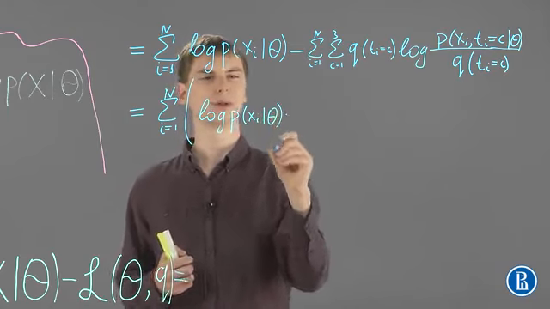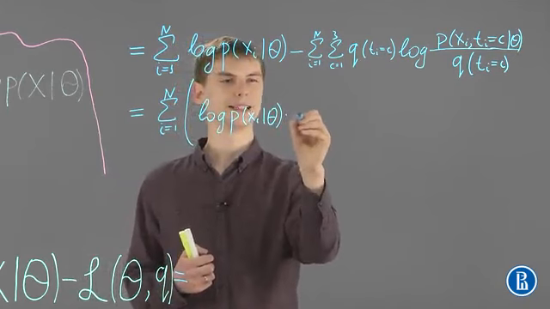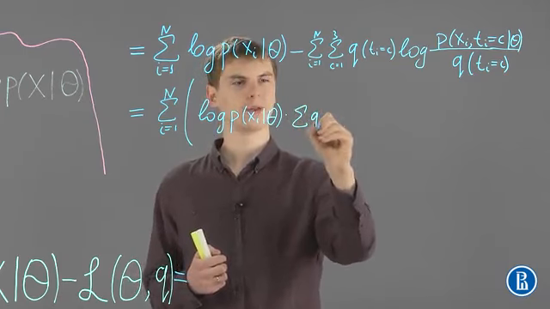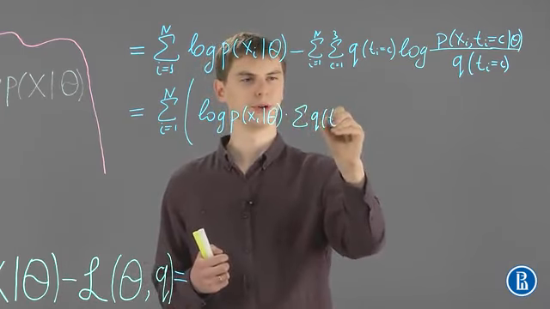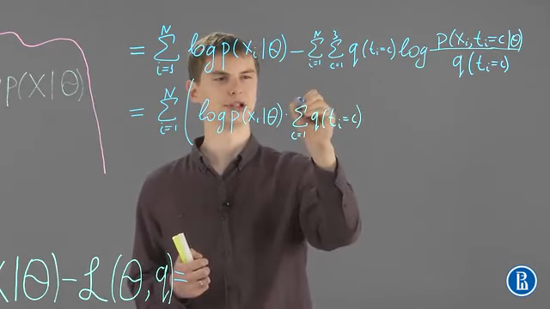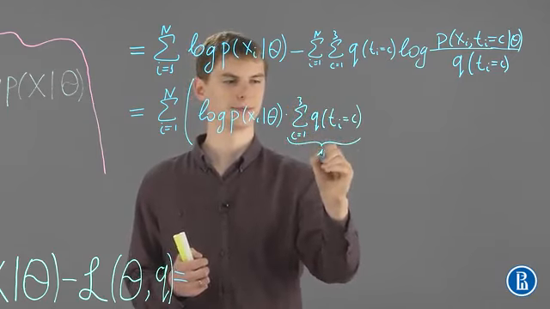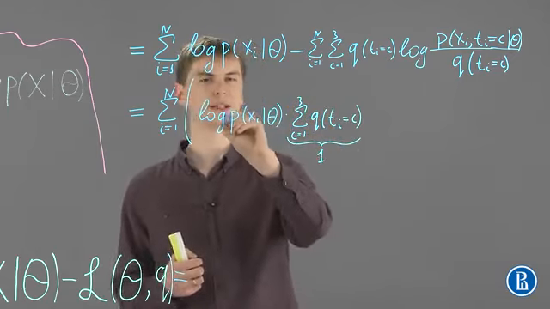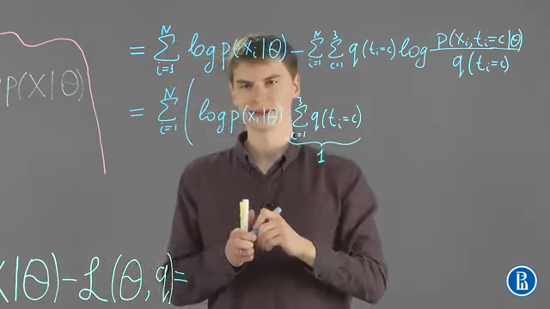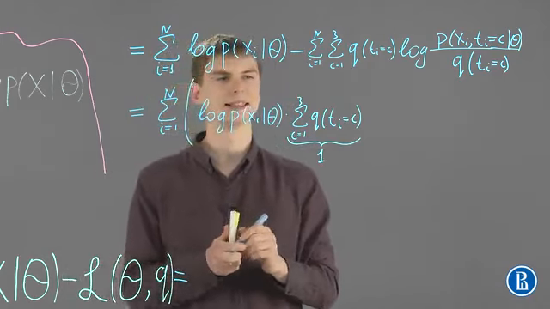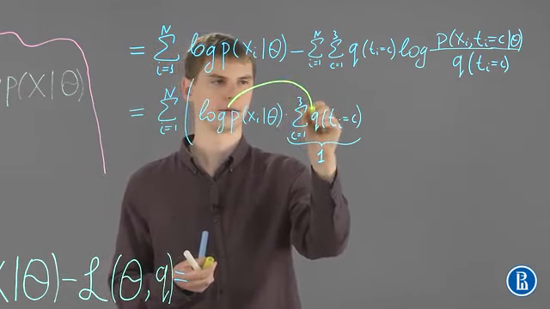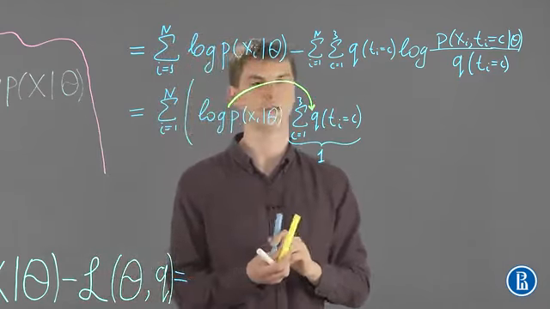To do that, let's multiply this logarithm by 1, basically by the sum of the probabilities of the variational distribution q. This expression is just 1, because it's a valid probability distribution. And now, since the logarithm of the marginal likelihood doesn't depend on c, we can put it inside the summation, and this will not change anything.